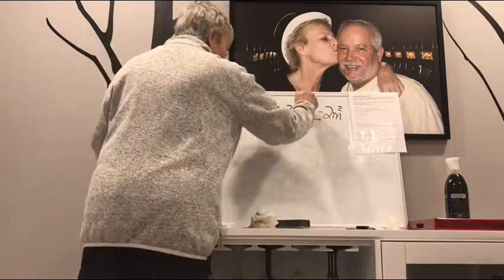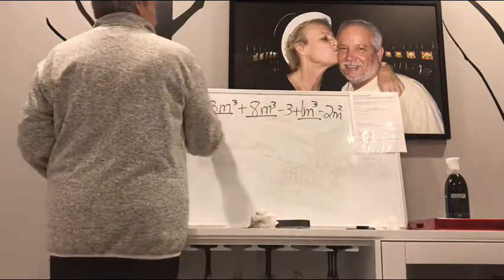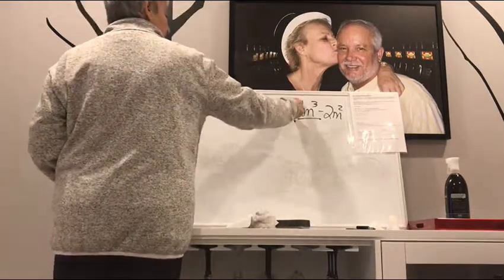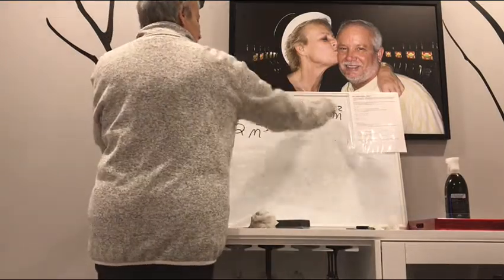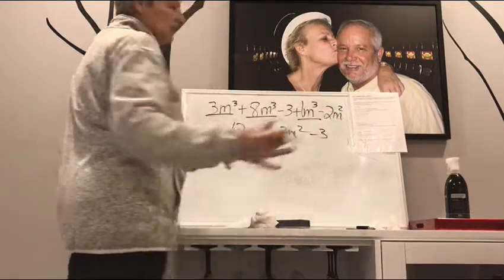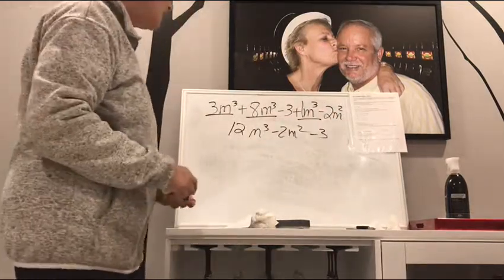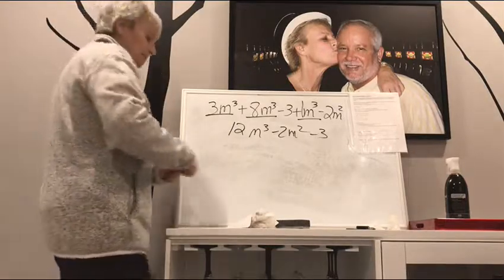Don't forget there's a 1 there. Some people just blow that off like it doesn't exist. 3 and 8 is 11 plus 1 is 12m cubed minus 2m squared minus 3. Notice I put them in the correct degree order in the beginning so that I don't have to rewrite them in order.